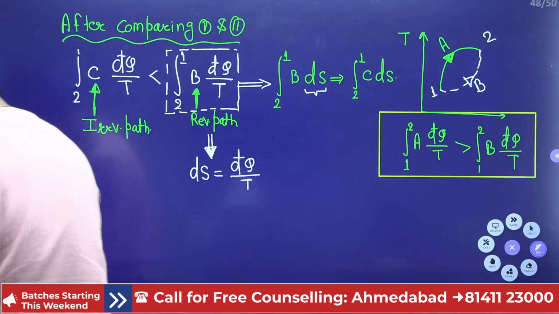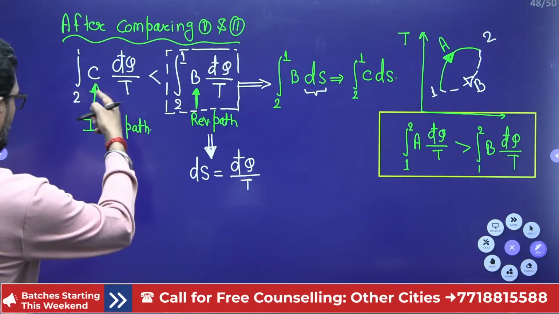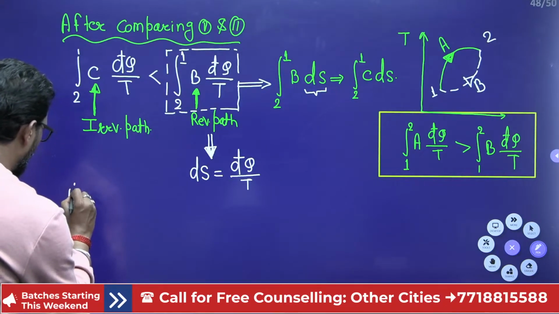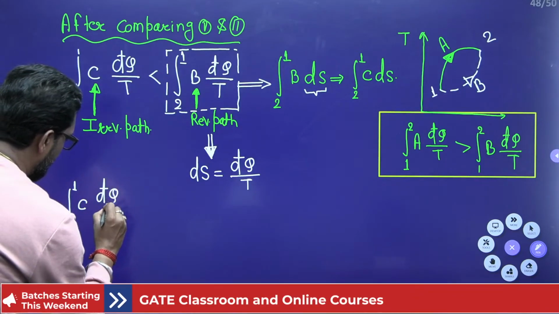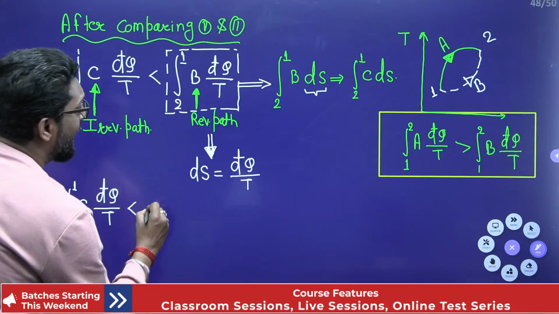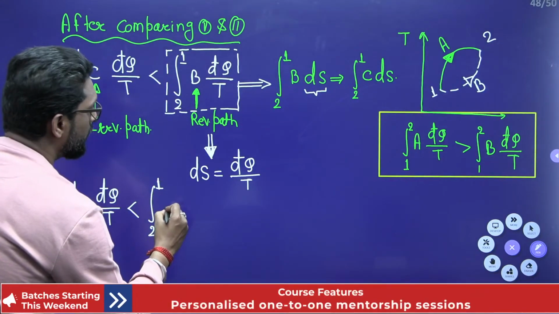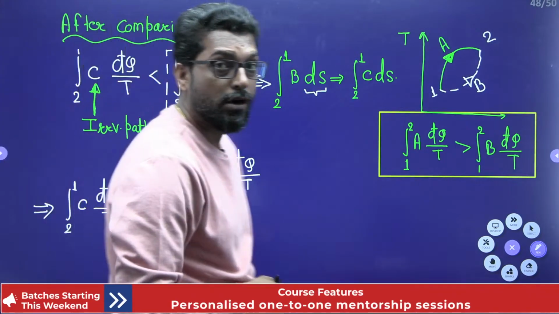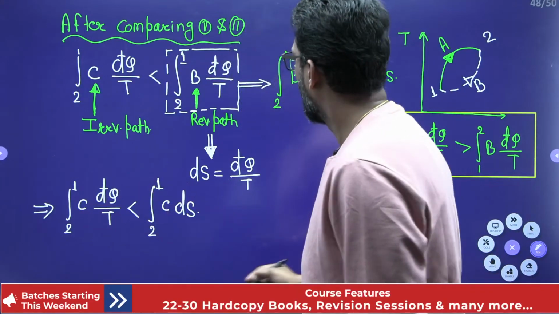The integral from 2 to 1 via C of dq by t is less than the integral from 2 to 1 via C of ds. Yes or not? So this is your second relation.